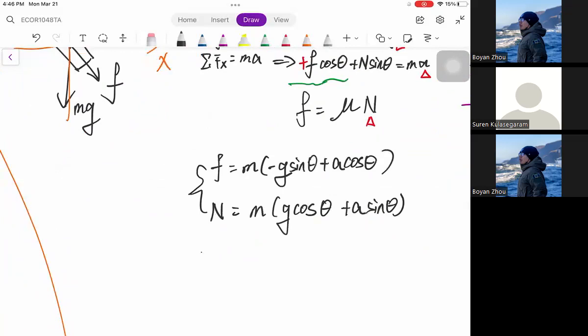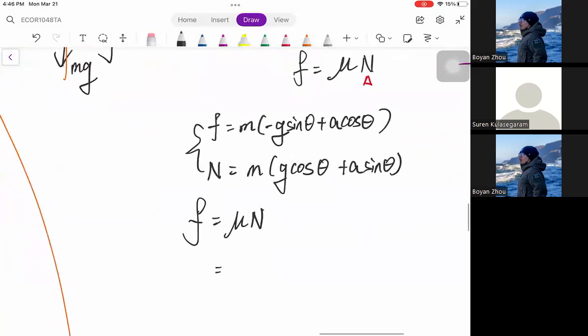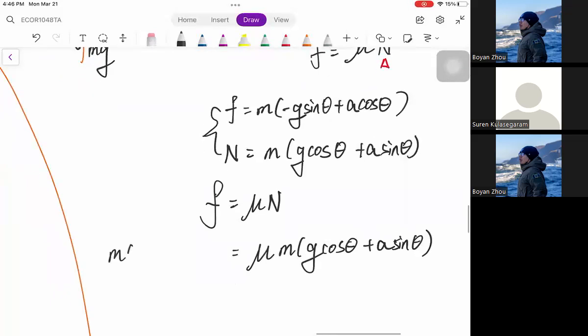And then you plug into the third equation, F equals mu N. So the right hand side is mu times (G cosine theta plus A sine theta), and the left hand side is negative G sine theta plus A cosine theta.